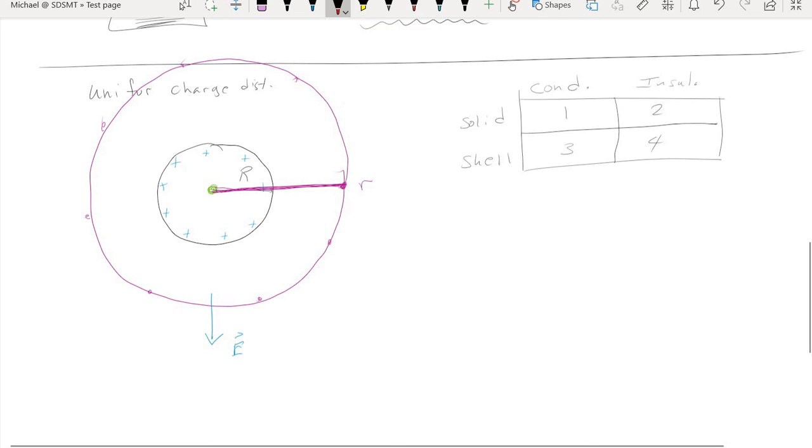Every one of them is going to send their electric field lines down to that surface, but regardless of the pairing that I get, what happens when those field lines intersect at the surface?